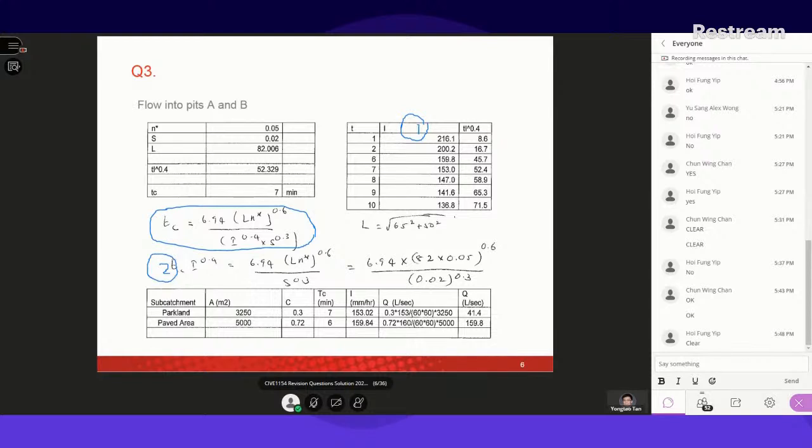Now step 3, go back to this table. So after you get this value in step 2, you go back to this table to find out the time. So I think you need to be careful when you determine the time of concentration for the overland.